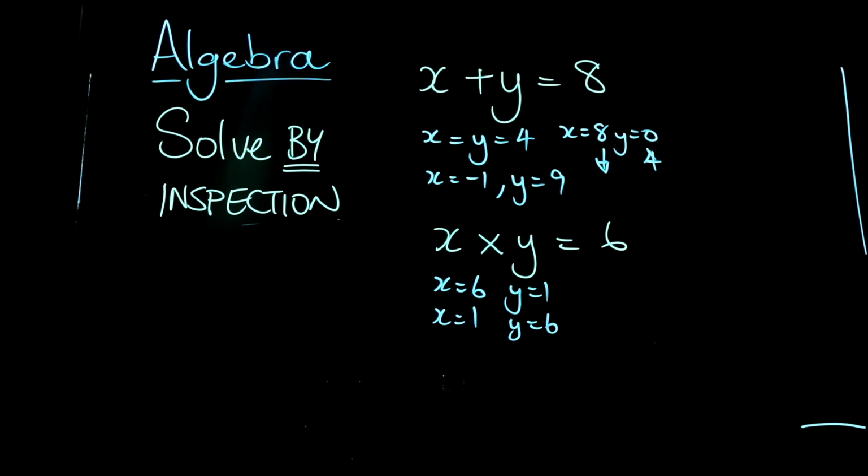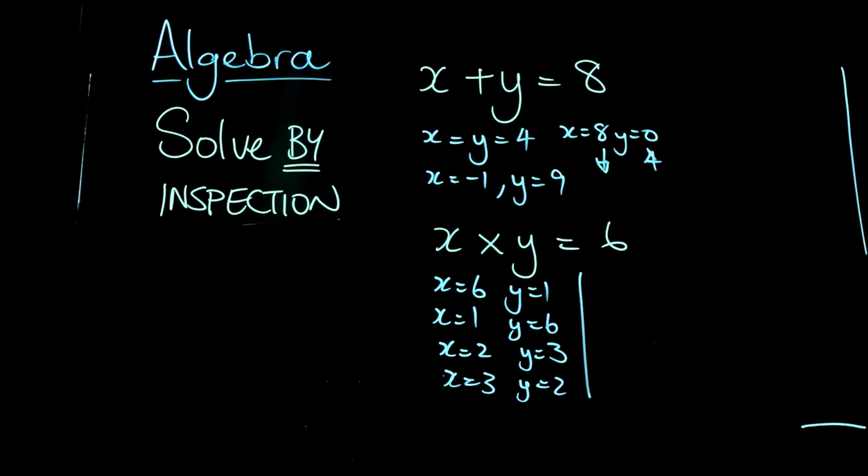We could play this game: x equals 2 and y equals 3, and x equals 3, y equals 2, and we could generate a whole bunch of solutions there. But is that it? What other things could we do?